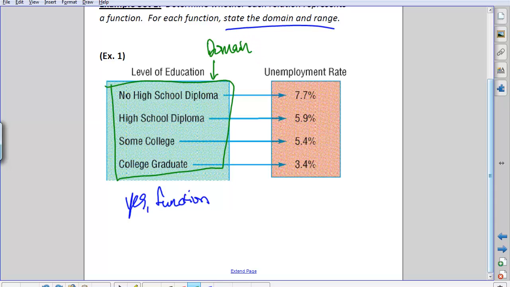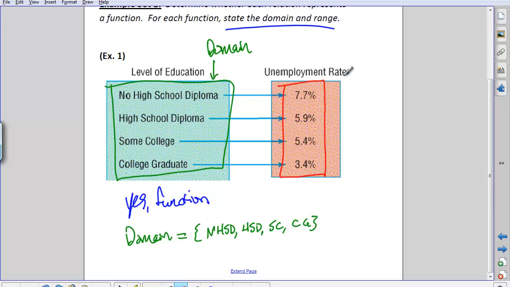So if we wanted to state the domain, we're going to list this set of values here. I'm going to use a curly brace, and I'm just going to abbreviate no high school diploma, some college, and college graduate. So those values there, just listed in curly braces, that states the domain. Well if that's the domain, you can probably guess what the range is going to be.